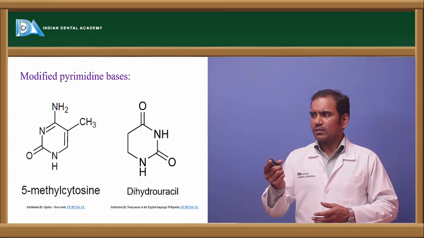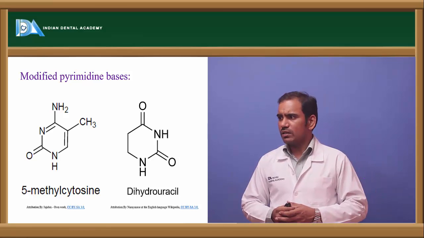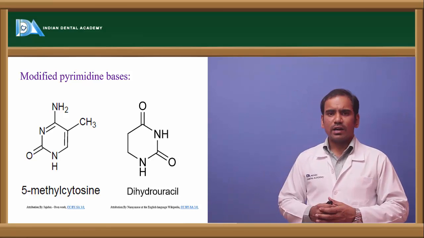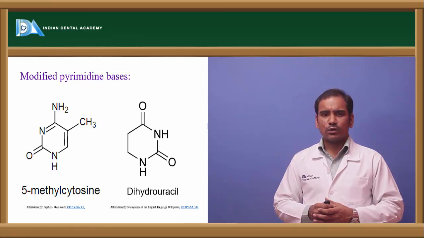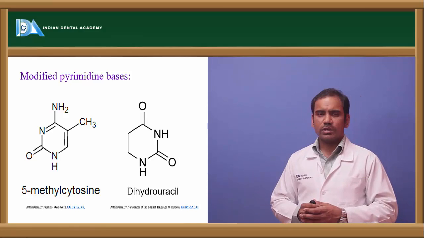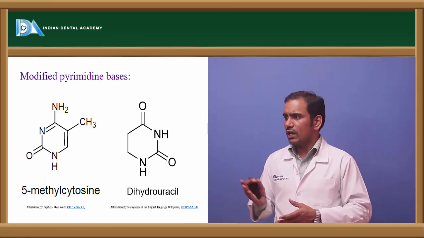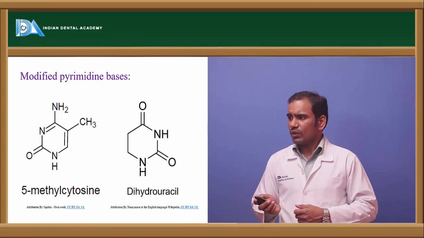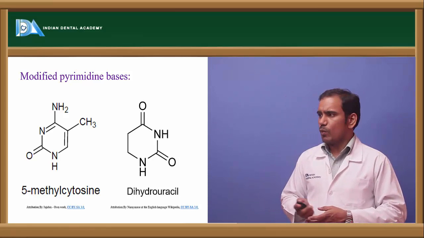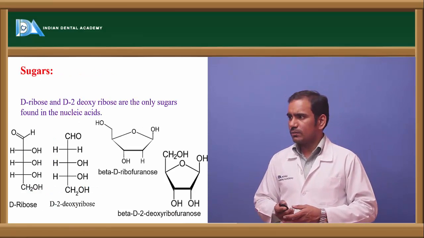When you add some additional groups to these pyrimidines, we get derived or modified pyrimidines. Those are methyl cytosine, where you just add a methyl group to the cytosine, and the other one is dihydrouracil. These two are examples of modified pyrimidines.